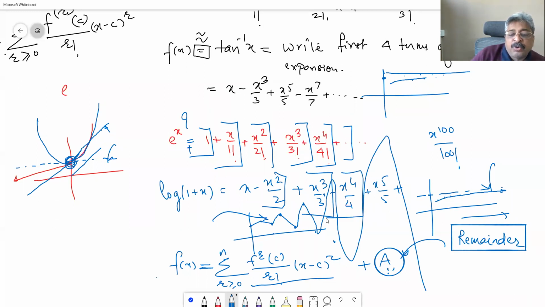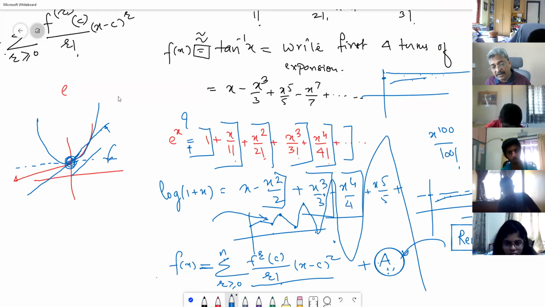If I stop after 4 terms, I will get some remainder. And yes, if that value of the remainder becomes smaller and smaller as you take more terms, those series expansions are legally allowed.